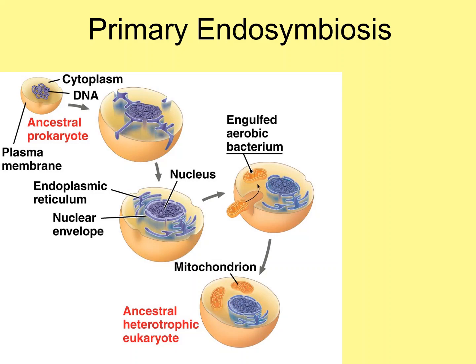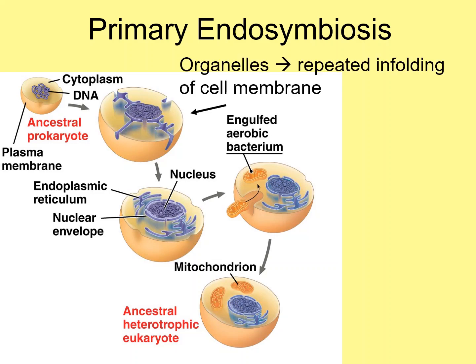Our best educated guess as to how this occurred is you start with your nice prokaryote cell, and possibly during cell division or some other part of this process, you get the plasma membrane to make little pockets or folds in itself, and those folds pinch off and become vesicles and migrate and then merge together to where you have a layer of membrane around the genetic material. There's our nuclear membrane or nuclear envelope.